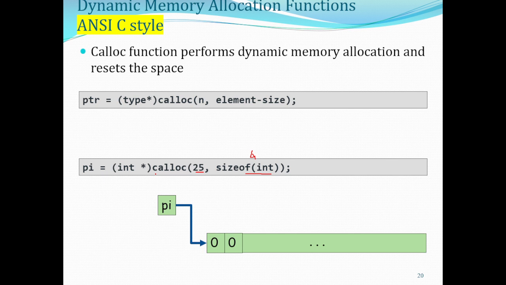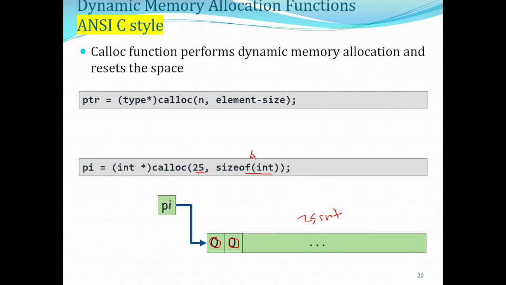What does the calloc function do? Calloc basically allocates the space, 25 integers, and then resets each element for me. So resetting means writing 0 for me.